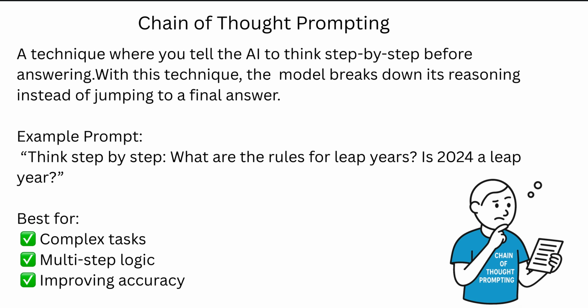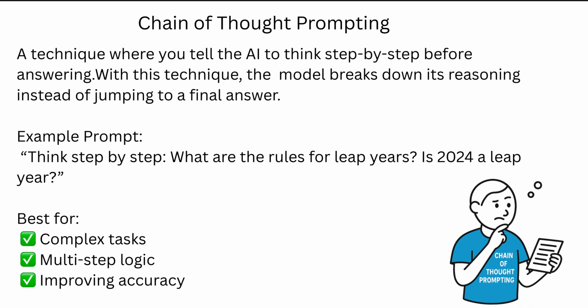With this technique, the model breaks down its reasoning process instead of jumping to a final answer. So if you say, 2 plus 2, think step by step, it doesn't just tell you it's 4. It will tell you how it arrived at 4.